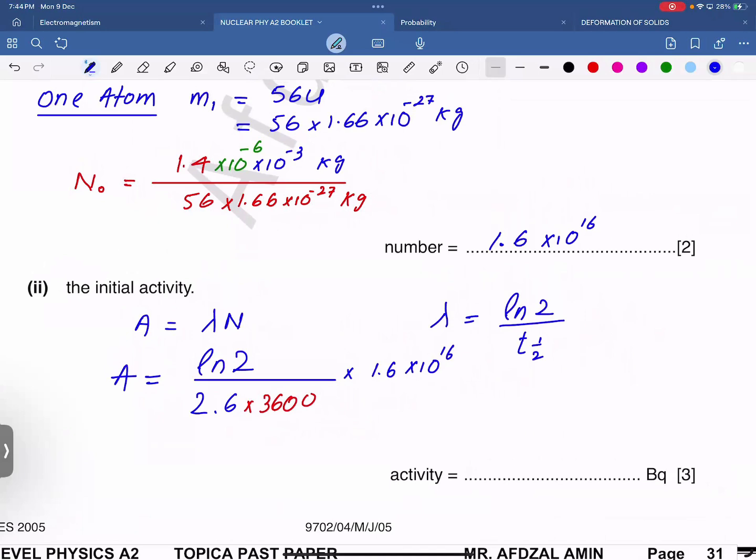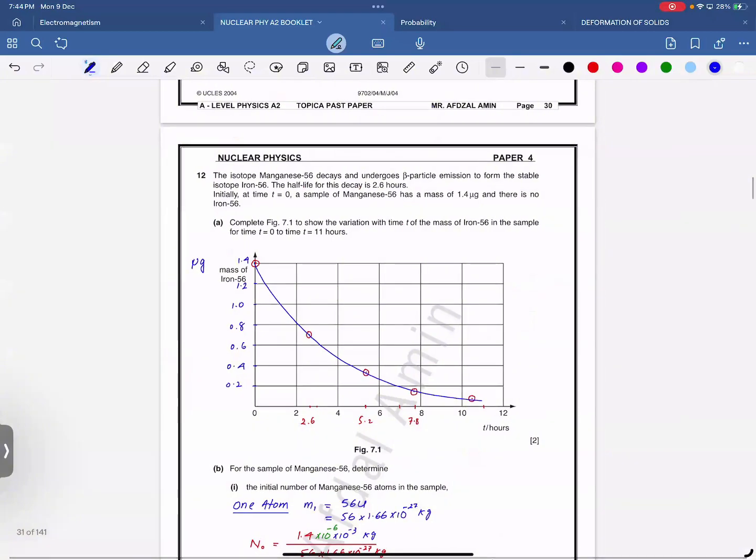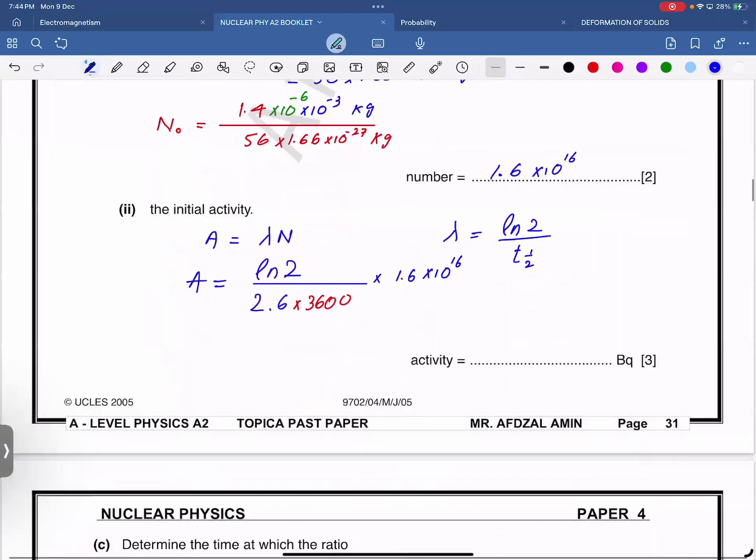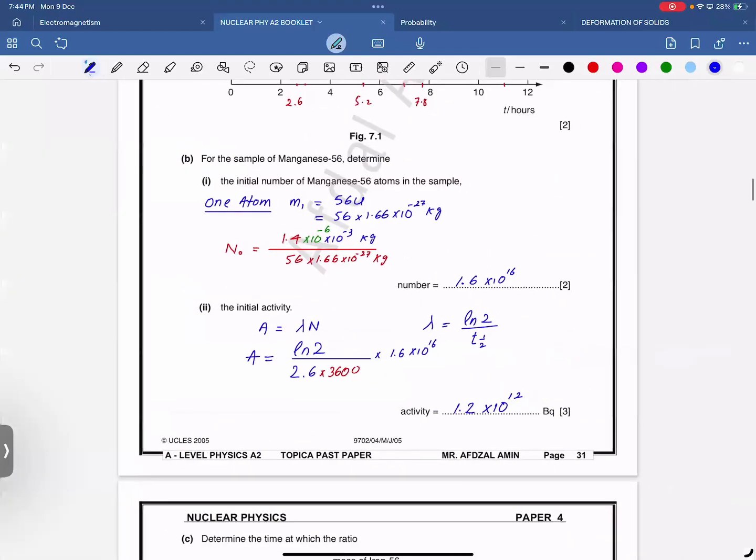You are rounding off or 1.19? Okay, 1.2 into 10 power 12 becquerels. Make sense, students? Okay.